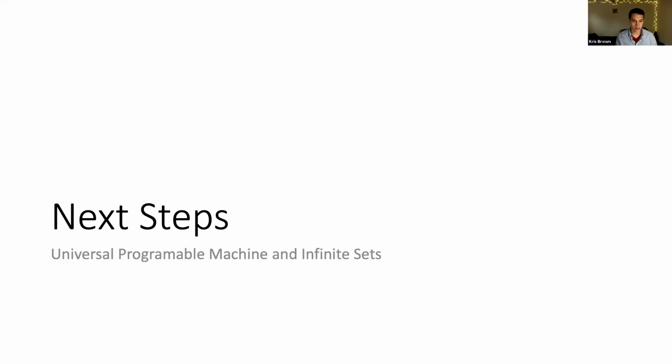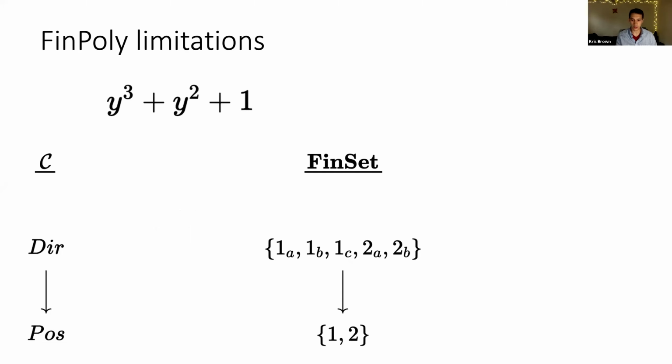Okay, so I want to talk about the underlying representation in CATLAB for what Angeline just talked about. In CATLAB, we work heavily with C-sets, which are functors from some indexing category into finite sets. With the schema on the left, we can represent a set of directions that are indexed by their position.